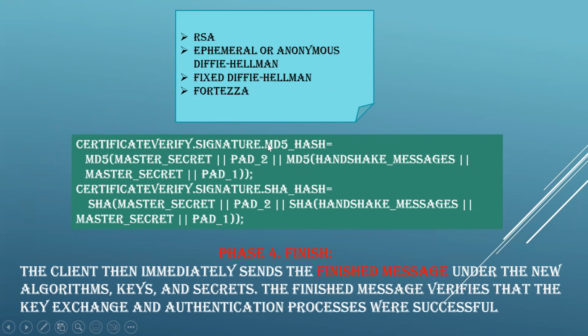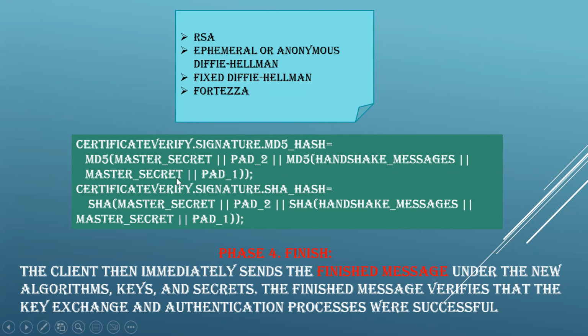CertificateVerify.signature.md5_hash. So you use the hash value to verify whether the certificate signature is authenticated using the message digest, and this master secret is shared between the client and the server with padded values. Then again, it uses either the MD5 algorithm or the SHA hash algorithm.